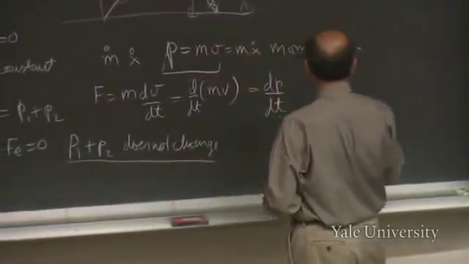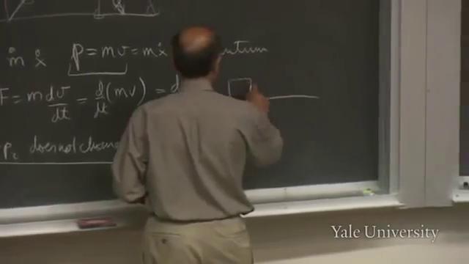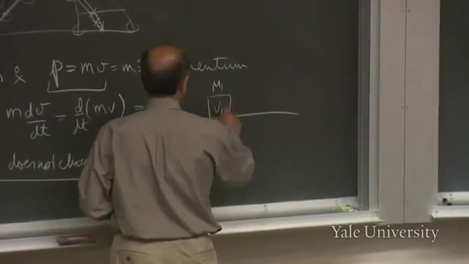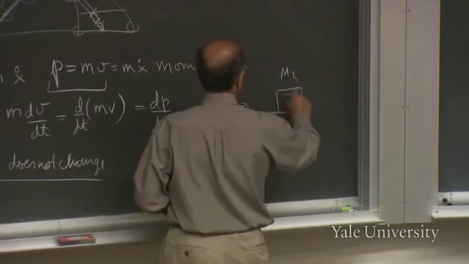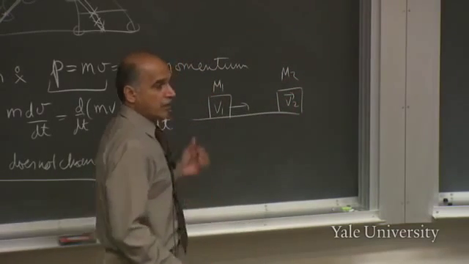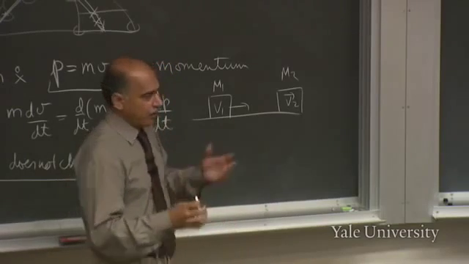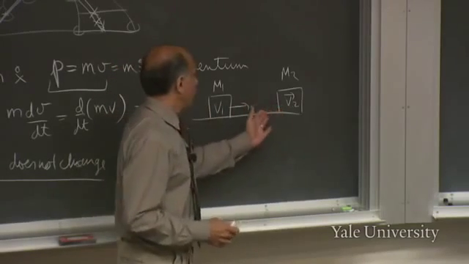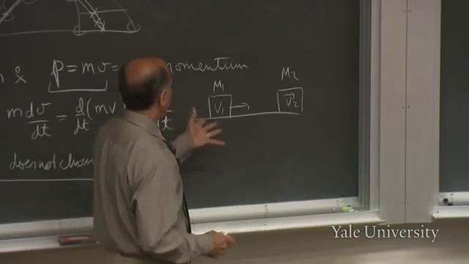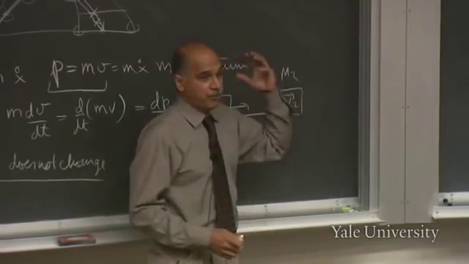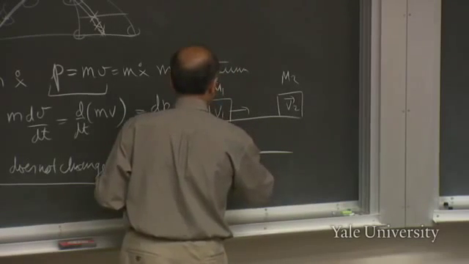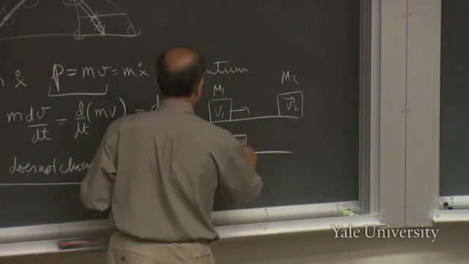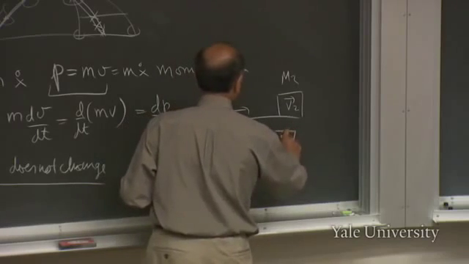And here's another context in which it's important. Suppose there is a mass m1 going with some velocity v1, and here's a second mass m2 going with some velocity v2. They collide. When they collide, all kinds of things can happen. I mean, m1 may bump its head on that and come backwards, or it could be a heavy object that pushes everything in the forward direction. At the end of the day, you will have some m1 going with a new velocity v1 prime and m2 going with a new velocity v2 prime.